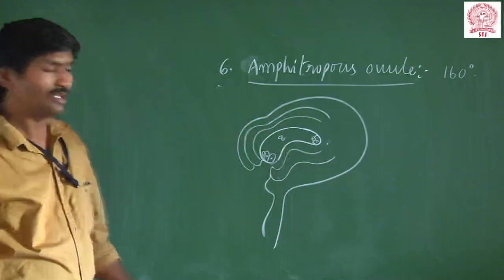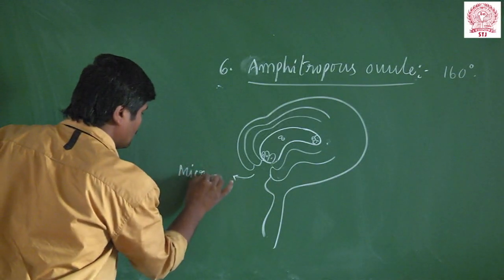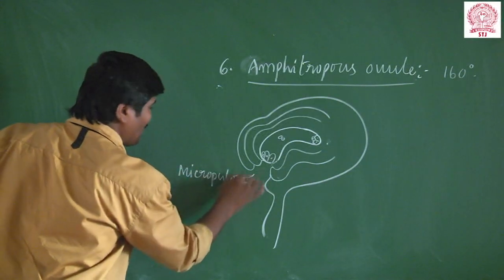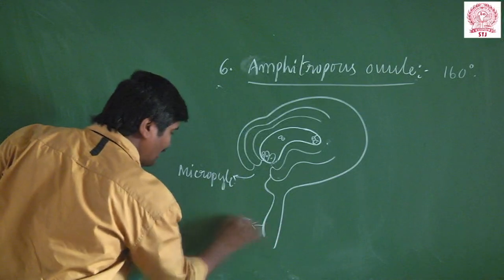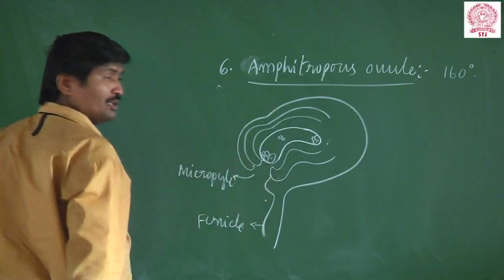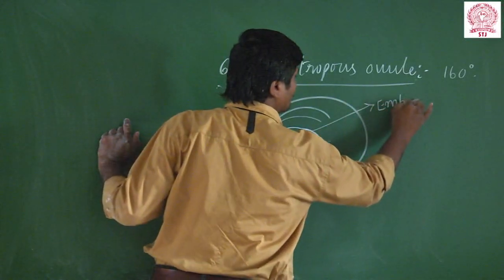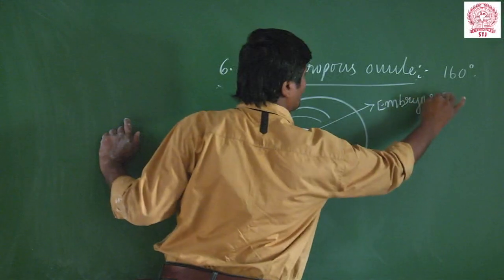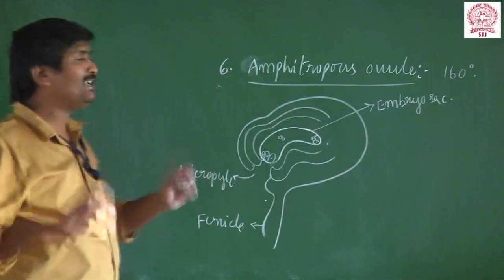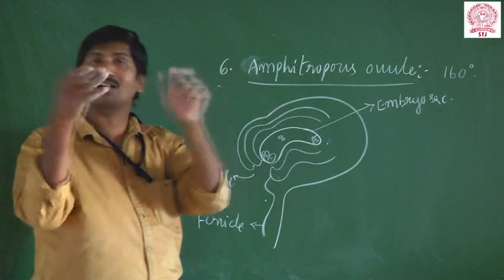This one is the micropyle. The micropyle comes near the funicle. Here, this is the embryo sac. It is one of the important characters of this amphitropous ovule. The embryo sac is curved.